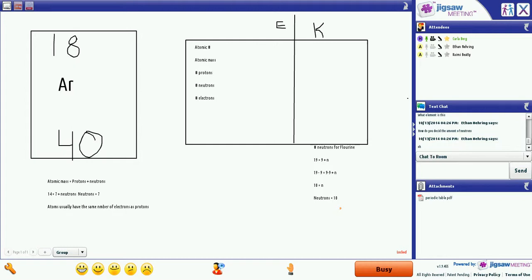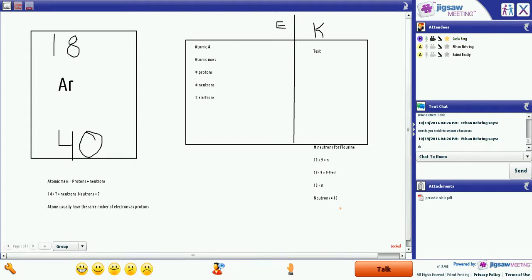All right, so go ahead and try to figure this one out.